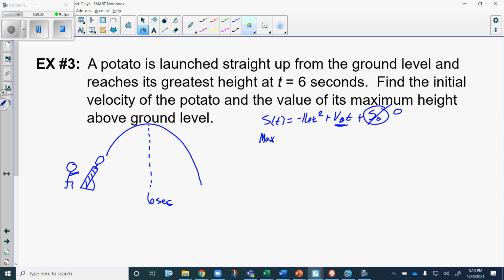But in this case, they're not telling us what the maximum height is, so we have to use a little bit of calculus in order to be able to solve for the initial velocity.